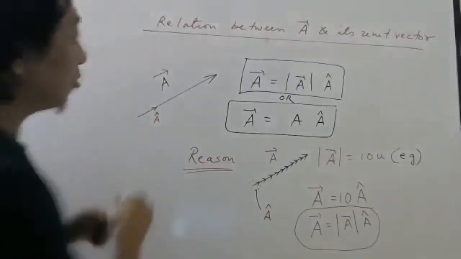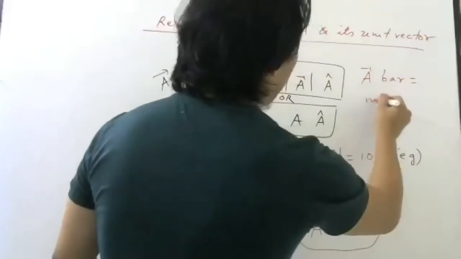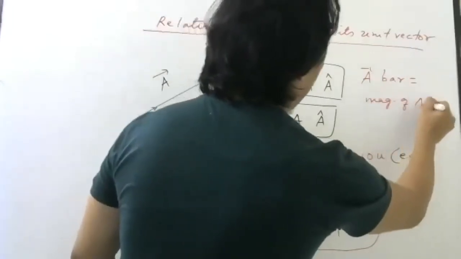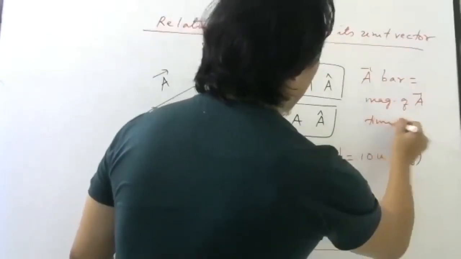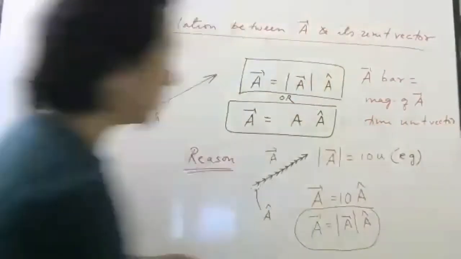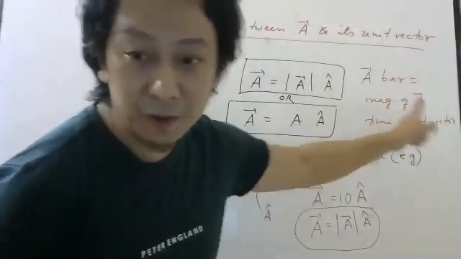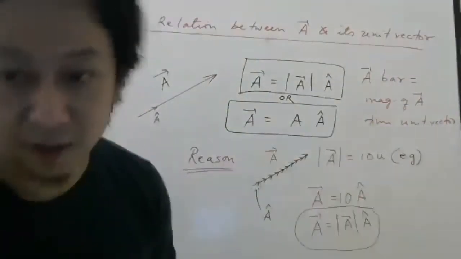Okay? How should you say it? A bar equals magnitude of A bar times unit vector. You can write A also.